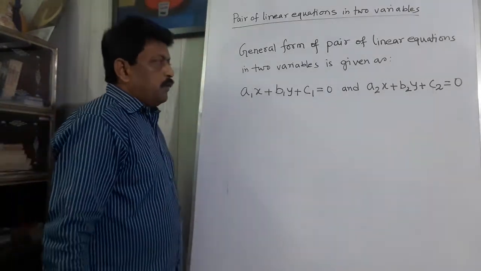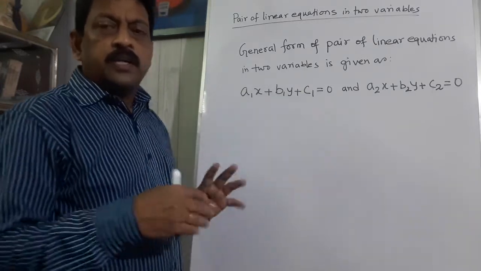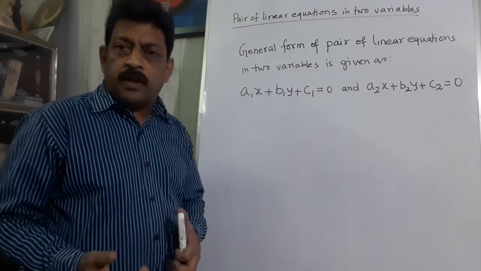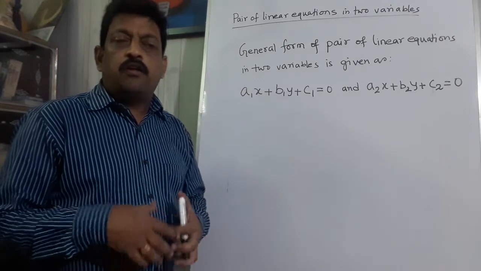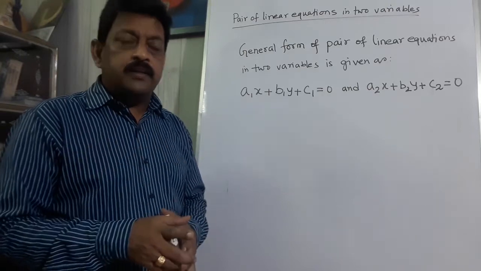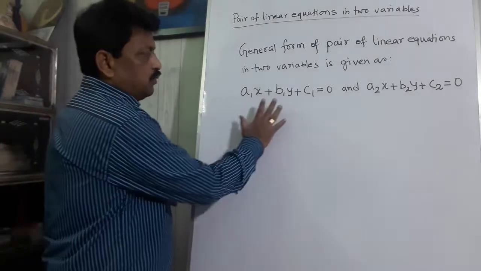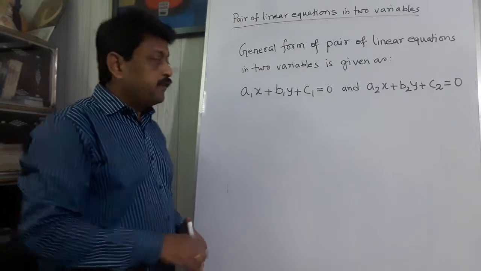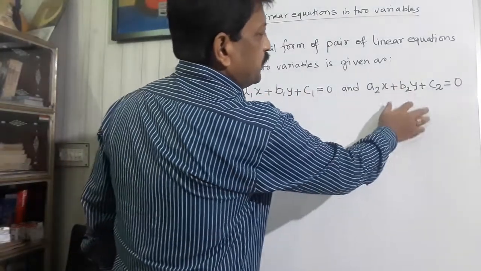Got it? Now we have to compare the given equations. If two equations are given to us and we have to determine whether they will form intersecting lines or parallel lines or coincident lines algebraically, then first of all we have to compare those two equations with the general equations and find the values of a1, b1, c1, a2, b2, c2.